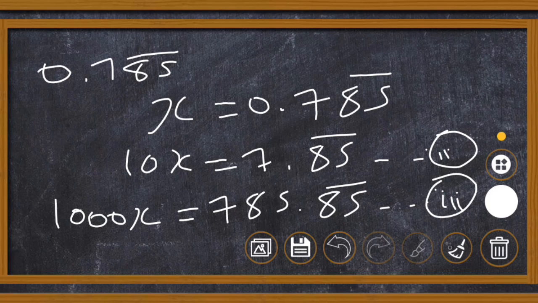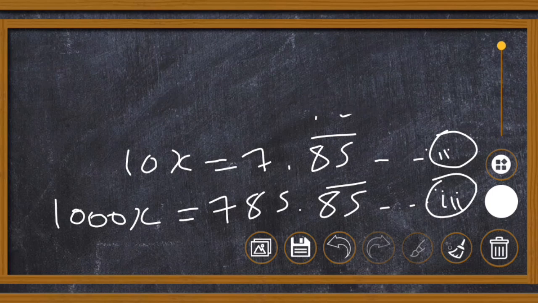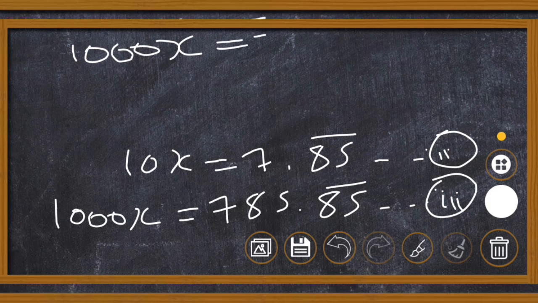Okay, so what are we going to have then? So let me just wrap the top part here, since we don't need it anymore. Okay, so let me just write this properly. So we have 1000x equal to 785.85 repeating bar.